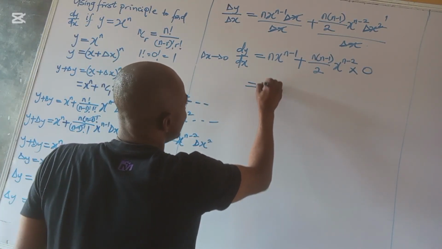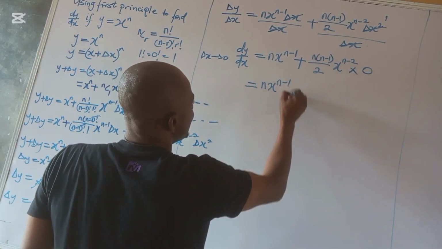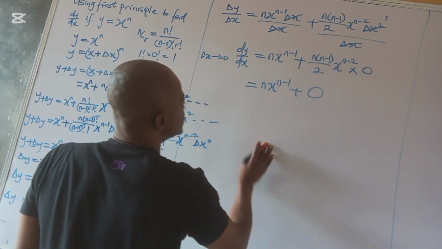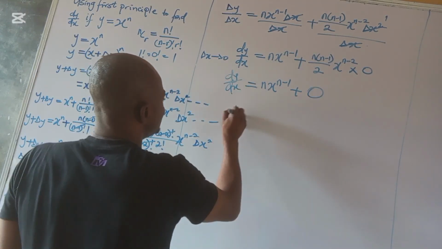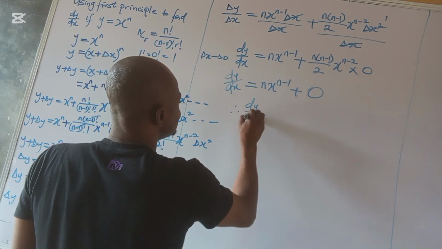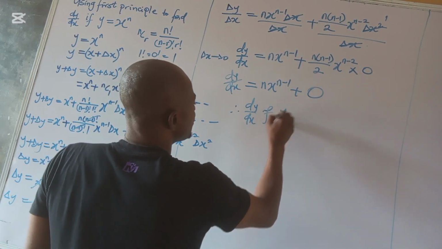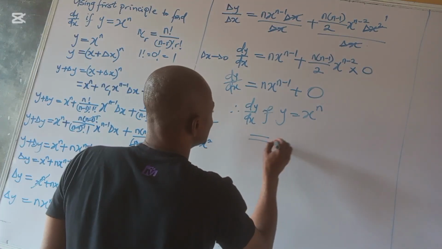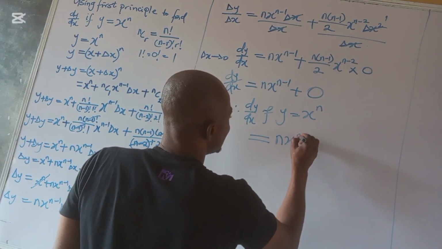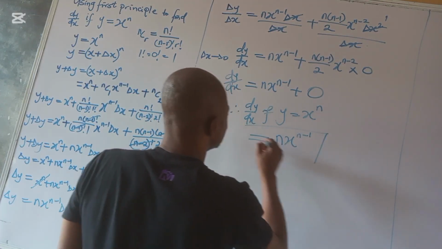Simply means that the final answer is n x^(n-1) plus 0, which is dy/dx. And at the end of the day, the derivative of y equals x^n is equal to n x^(n-1).